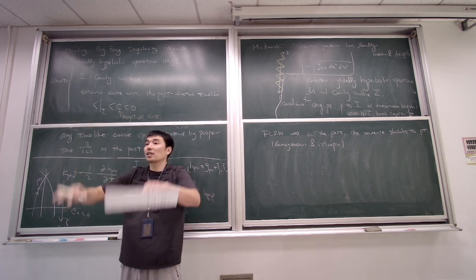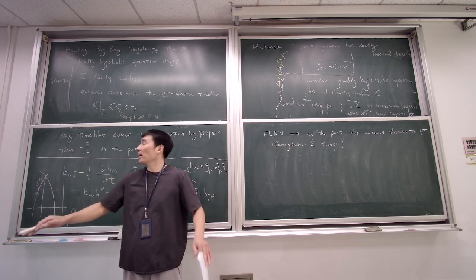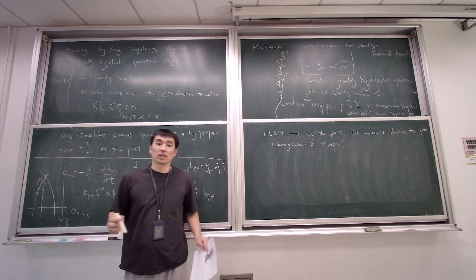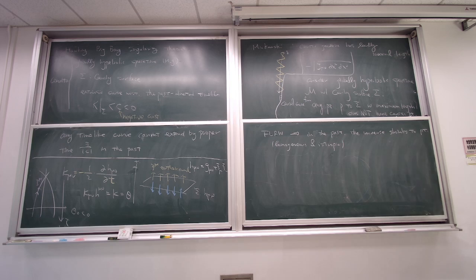The proper time should end in the past before 3 over c. That's the statement, which means that you have to inevitably see some singularity.